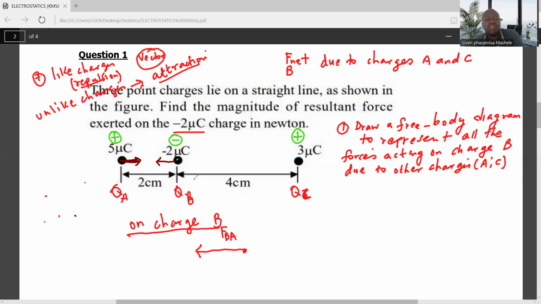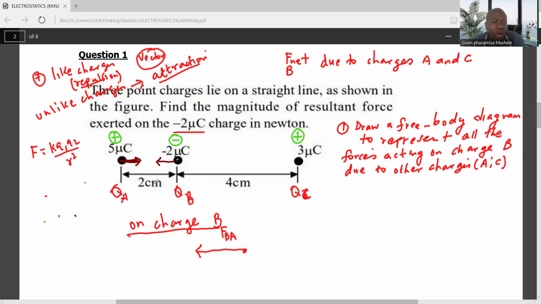And another thing, guys, which we're going to talk about is that when you're drawing this free body diagram, the size of your forces must also tell which one will be higher than the other. To talk about that, remember Coulomb's law states that F equals K, charge 1, charge 2 over R squared.